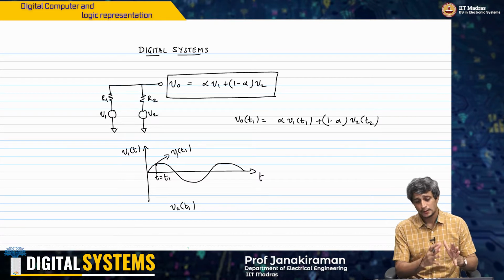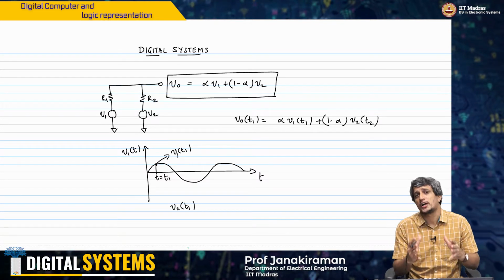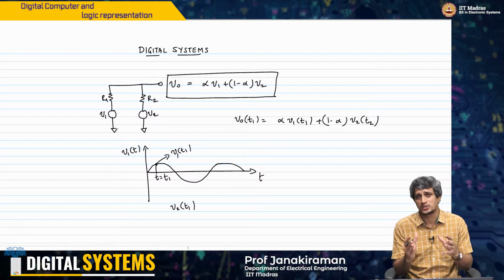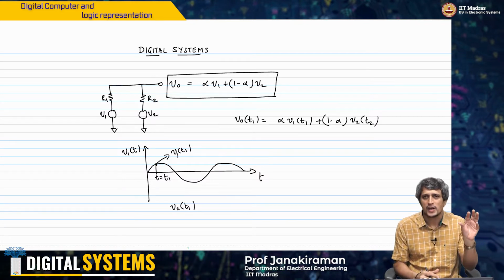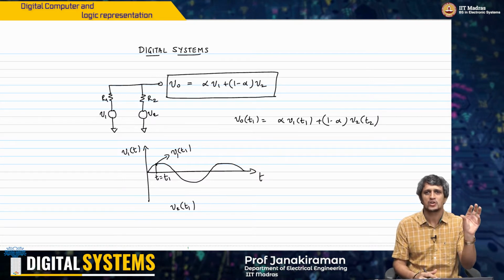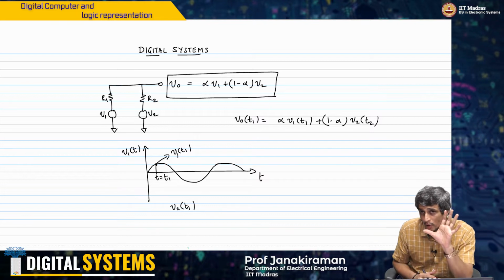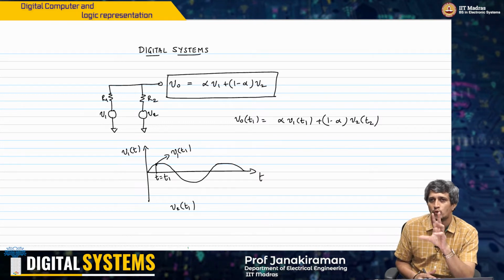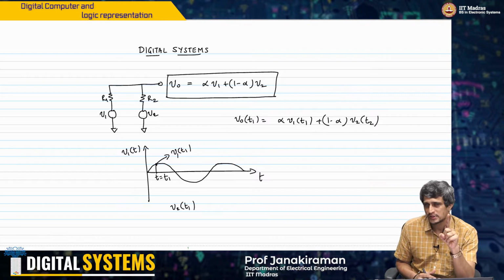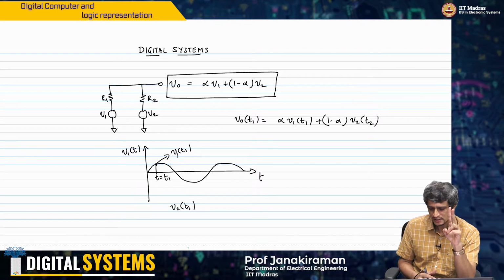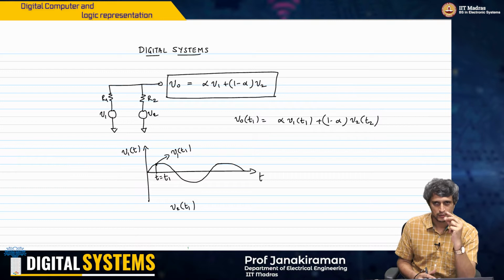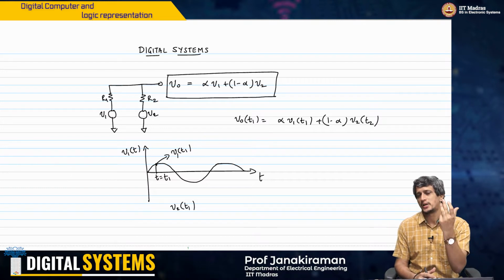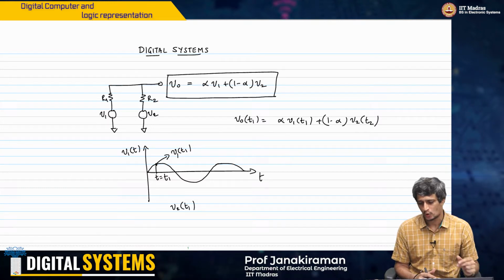But we had also studied that in order to take this analog signal into the digital computer, we had to do two things: time sampling and amplitude quantization, that is, time quantization and amplitude quantization.